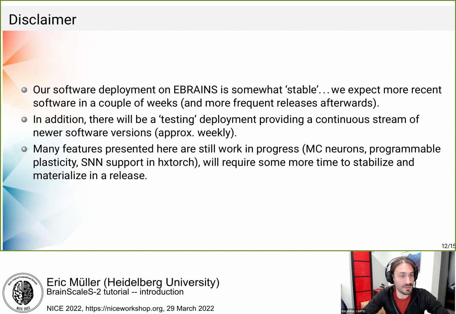We expect this to change in a couple of weeks because we are now adopting a better release scheme, and additionally there will be a testing deployment that will allow for a more continuous stream of newer software versions. And there we aim for weekly deployments. So there will be much newer software in the future. But in the tutorial afterwards, you will work with software that is at least 0.5 years old.